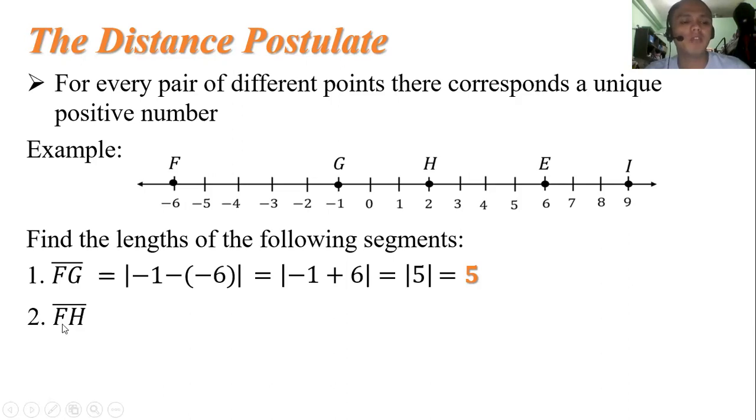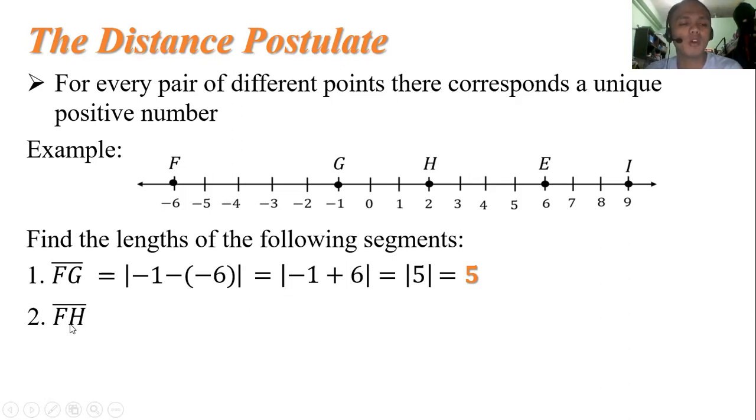Now, segment FH, ano yung length ng FH naman? From F to H. To find the length, you are going to find the distance, since given naman dito yung mga coordinates. Pwede naman mag-interchange since meron naman tayong absolute value here.